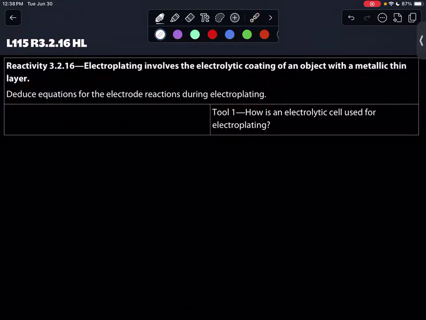So to start this out, let's just talk about what electroplating is.